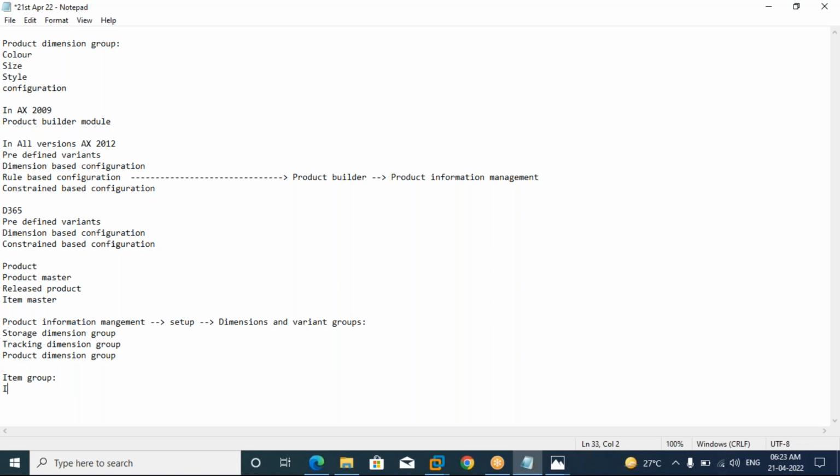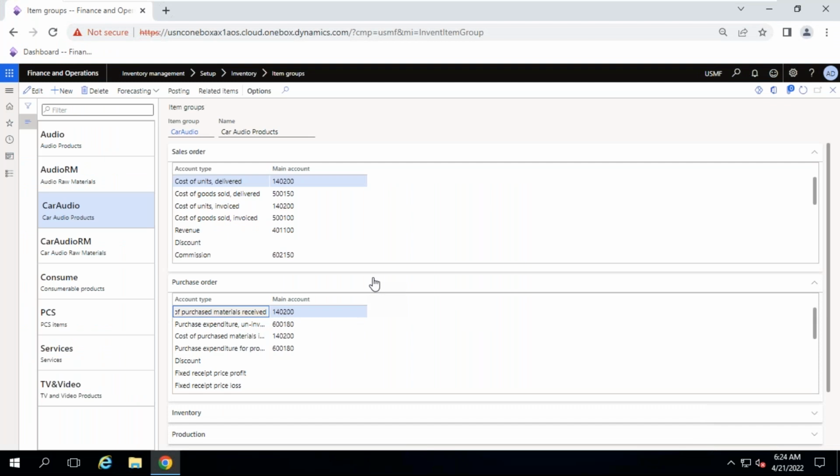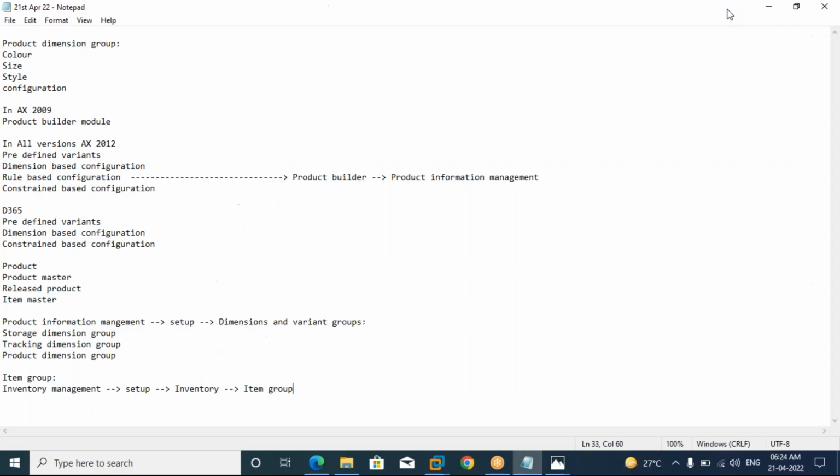Let me write down the path: inventory management, setup, inventory, then item groups. Fine. Next one is item model group.